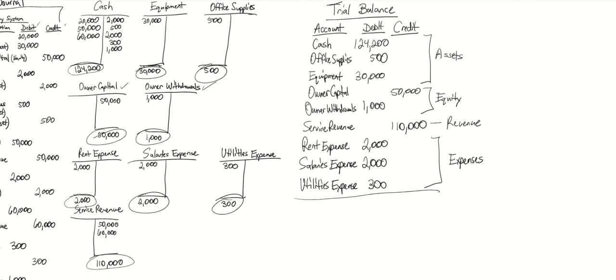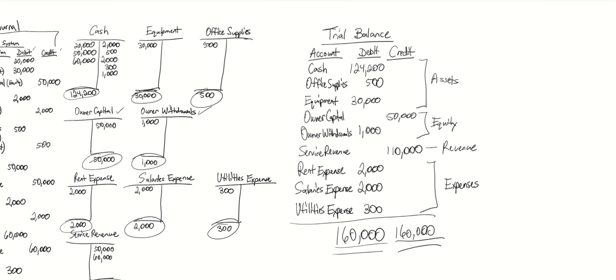So that comes out to be 160,000. Okay, that's the debit column. Now we're going to go over to the credit column. Less numbers to worry about. So 50,000 plus 110,000, that's 160,000. Okay, we are good there. Now again, if you don't balance, that's a problem. If the credit column doesn't agree with the debit column and vice versa, you have to go back and figure out why. And that can happen.